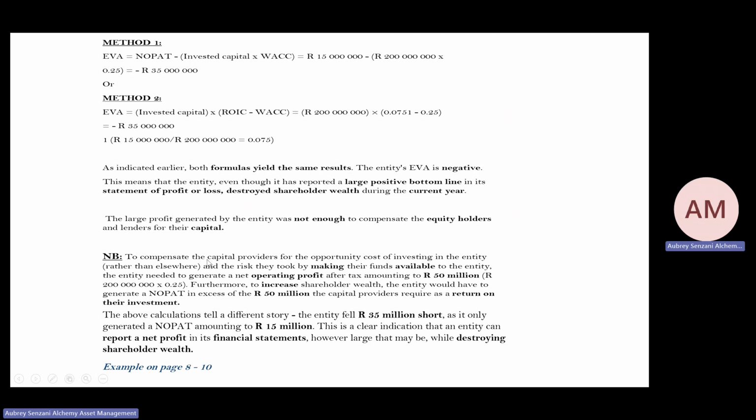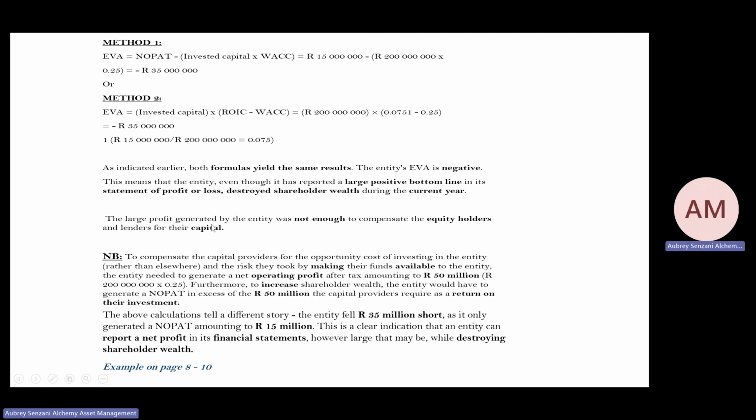So in other words, we are not maximizing shareholder wealth here. This is a bad investment. This business is a bad investment, because we're not even meeting the weighted average cost of capital. If we were meeting the weighted average cost of capital, this would be zero. We would at least have zero on our EVA.